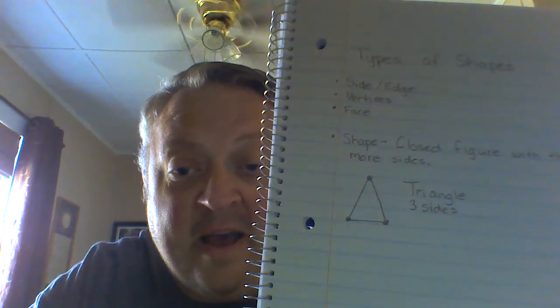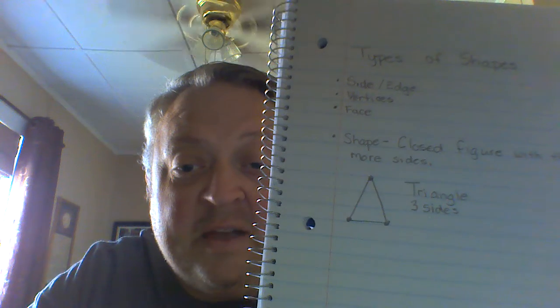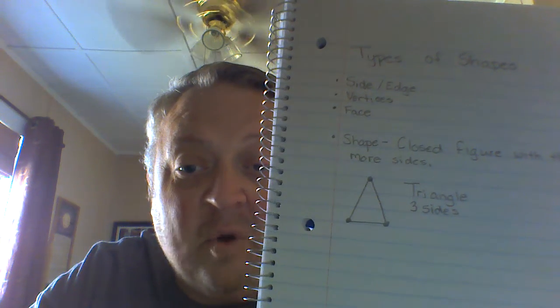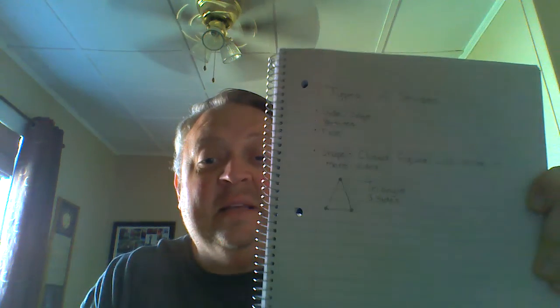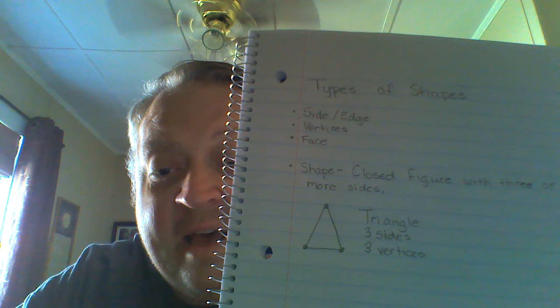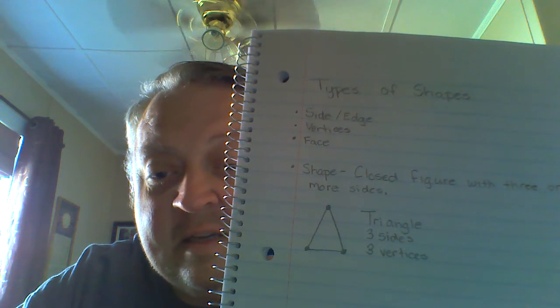So when we see those points there, that's where two sides have come together to form an angle. All right, so we know that a triangle has three sides and three vertices. So under three sides, I'm going to write three vertices. All right, so right now I have triangle, three sides and three vertices.